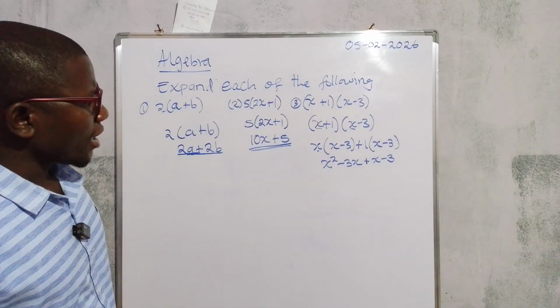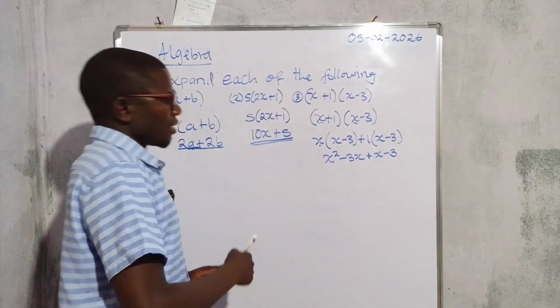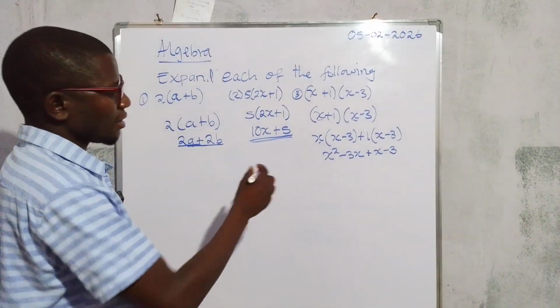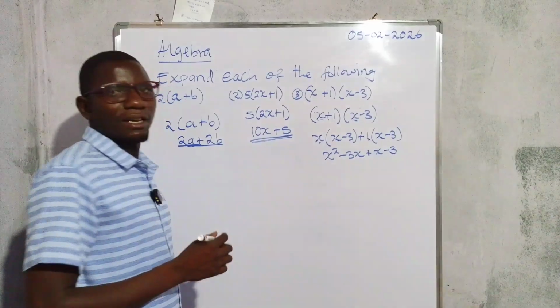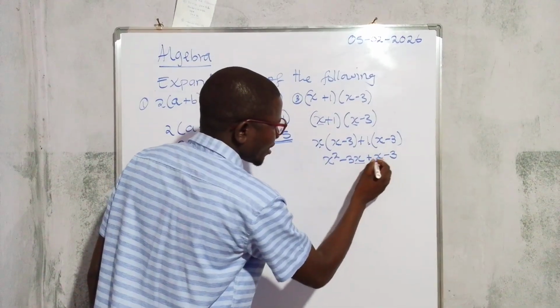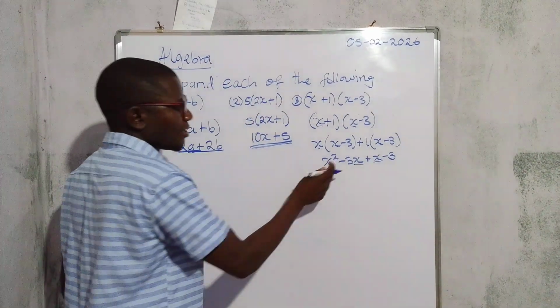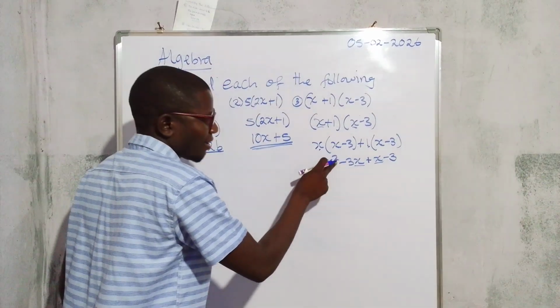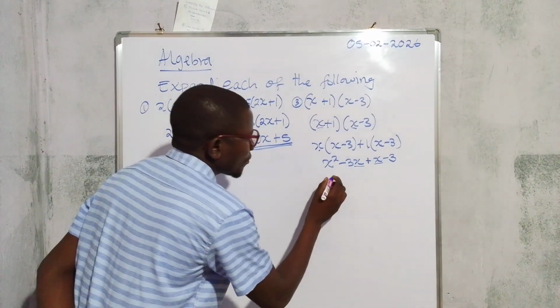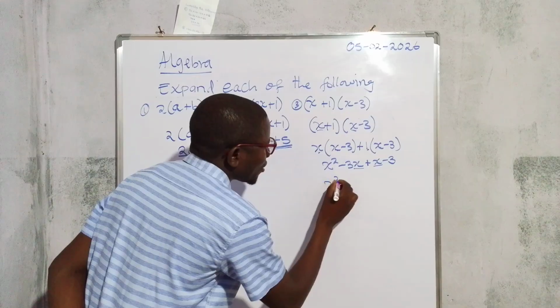Now, we can simplify these like terms. When we look at that expression there, we have some terms which are the same. This term has x and that one there has x. This one is different because it has a power there. So we are going to simplify this. We are going to say x power 2.